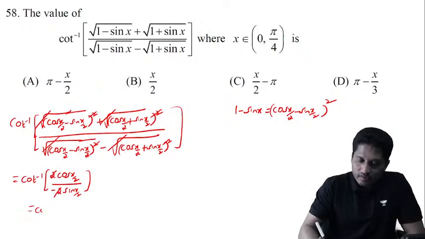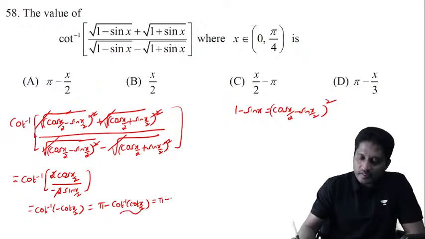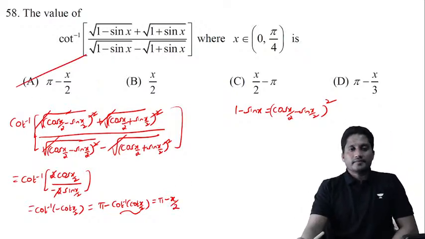So this is cot inverse of minus cot x by 2. Cot inverse of minus x is pi minus cot inverse of x. This is equal to pi minus cot inverse of cot x is x, so you get x by 2. Pi minus x by 2. Answer is option A.